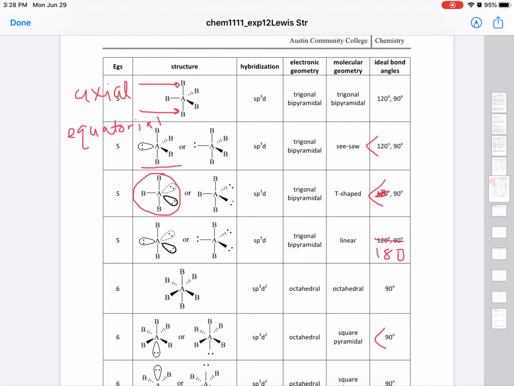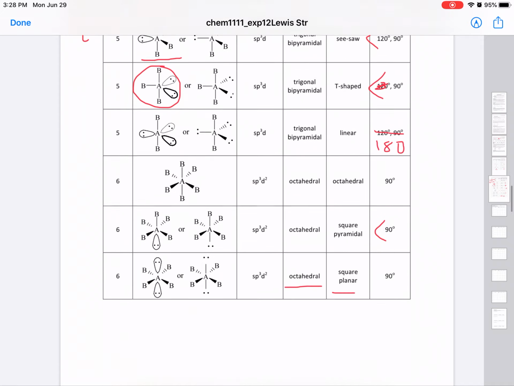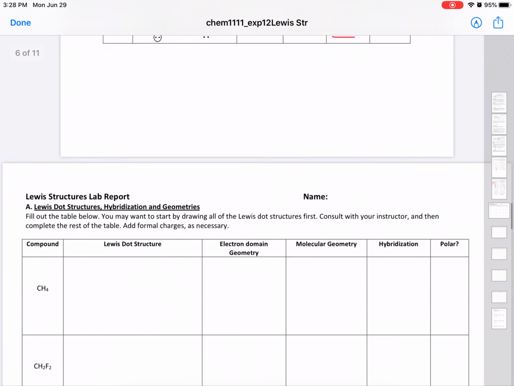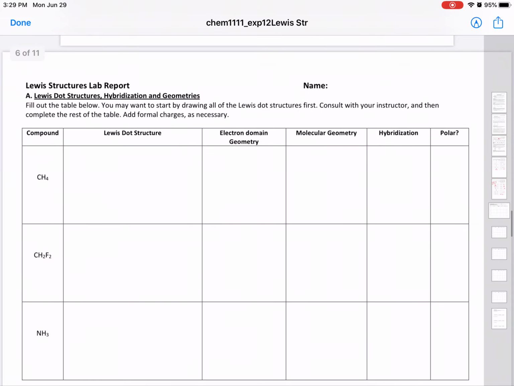Find the electronic geometry, and then refer to the molecular geometry by looking at how many lone pairs are available. You can refer to this chart. And then the hybridization, of course, we talked about that. And then you can find out whether you have polar bonds or whether the polarity gets cancelled due to the symmetry of the molecule. If the polarity does not get cancelled, then the molecule is polar. CH4 is an easy molecule.